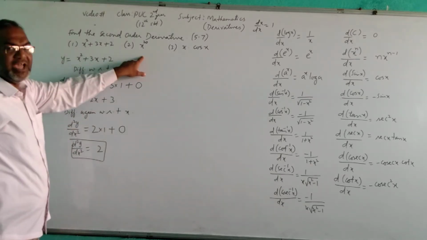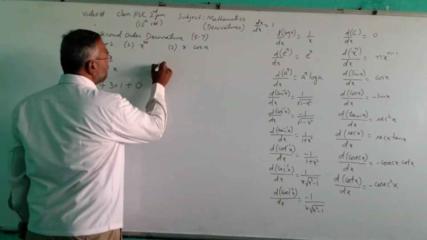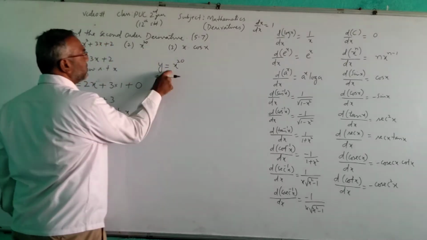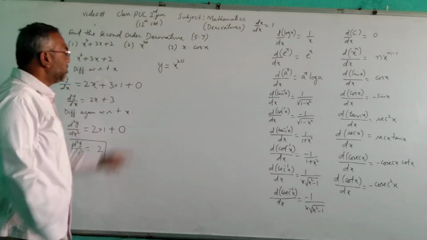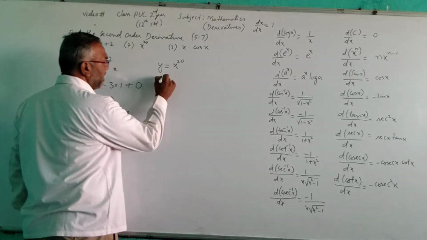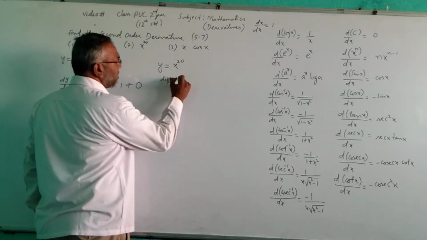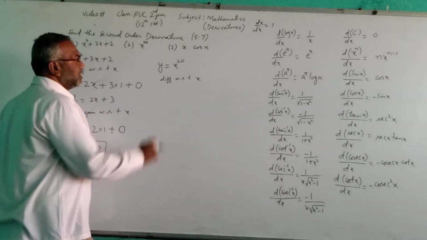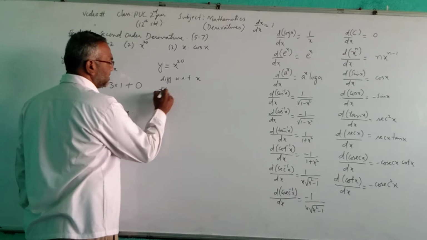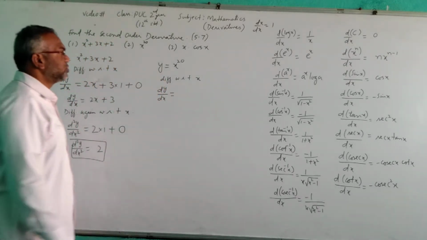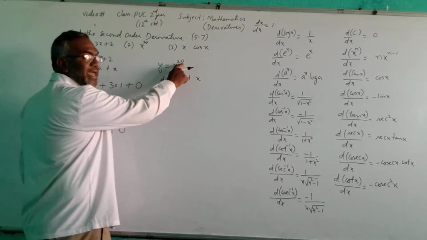Like for example, here we have question number 2. Let's say y is equal to x to the power of 20. You can take f of x is equal to also. Differentiate with respect to x. This is the same as x raised to n.